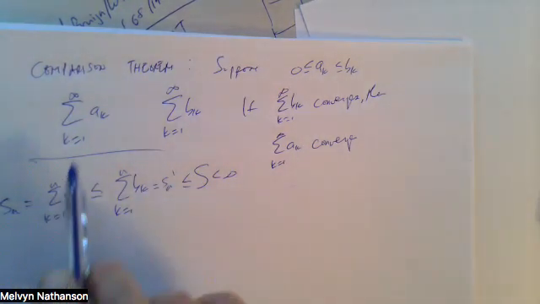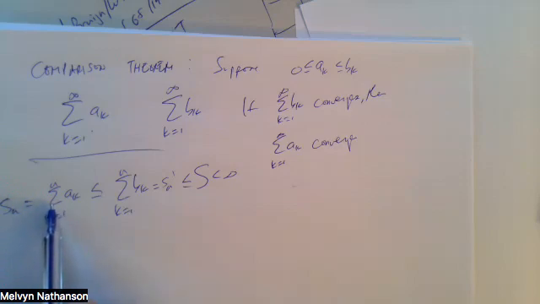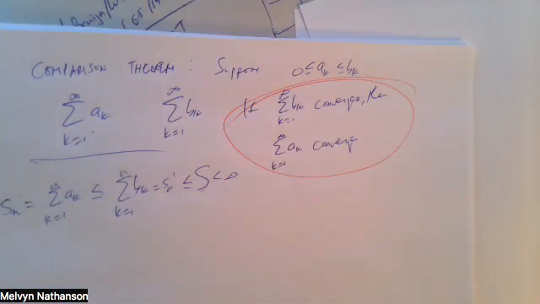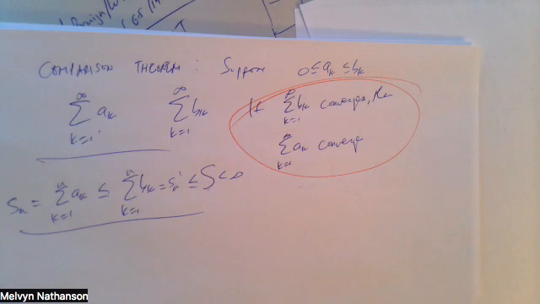Which means the partial sums of the a series are going to get bigger and bigger, but they're bounded above, which means they have to reach some kind of limit. This is the comparison test, or one part of it, which is also part of the Math 176 curriculum. And back at the end of the 17th century, beginning of the 18th century, this is in effect what Bernoulli used to prove the sum of the reciprocals of the squares converges.